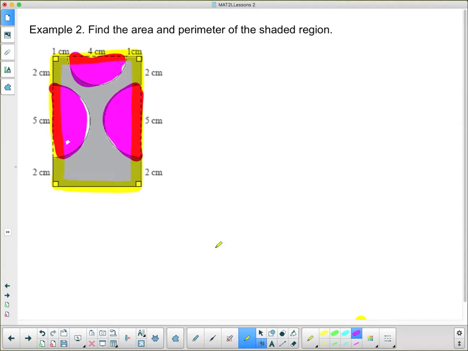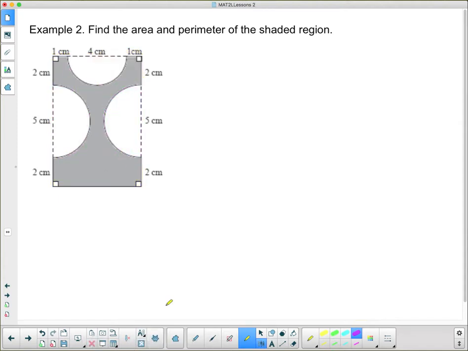We're going to subtract them off because they're like a bite out of that. So let's give this a try. I'm going to call the rectangle area 1, this circle area 2, and this area 3. So let's find the areas of each of those.